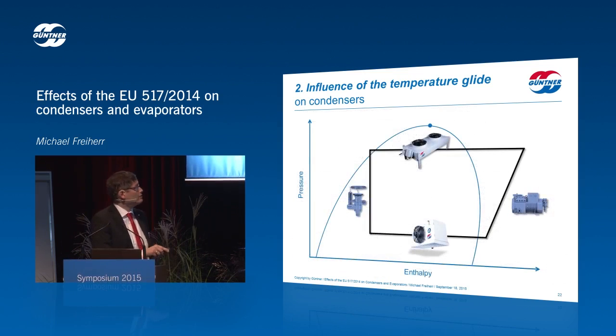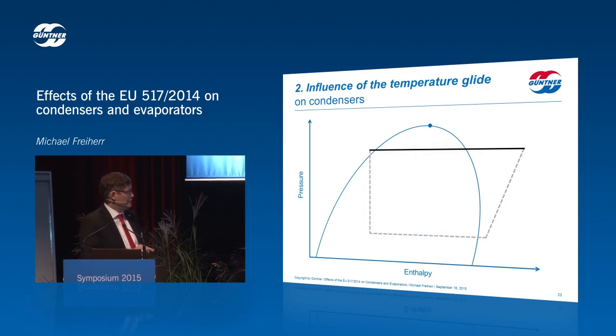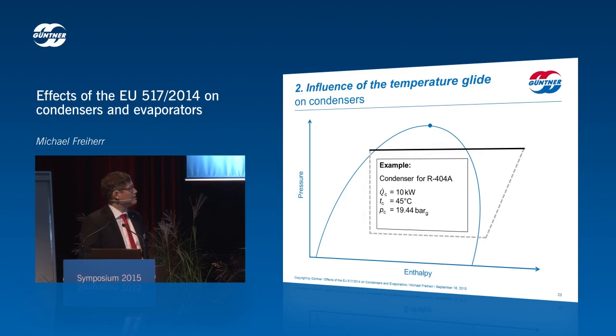Let's have a look at the diagram, the chart again. Here we have the condenser, and the example was to find a condenser for the R404A with 10 kilowatt capacity, 45 degrees Celsius, and a pressure of 20 bar almost. That means, according to the standard, we have the dew point temperature here.